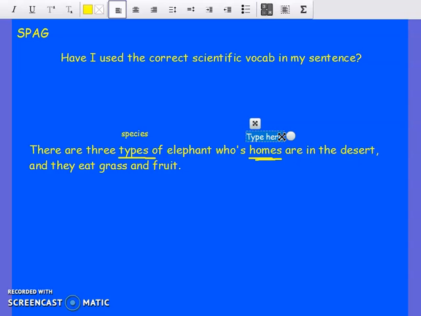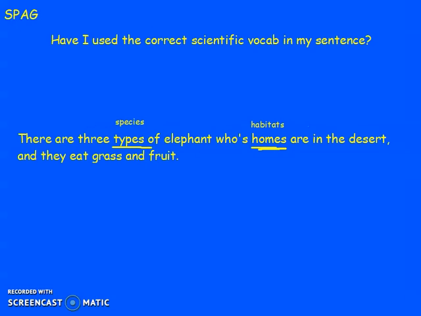So I should have written habitat, or their habitats, or their environment. Did you spot any other ones I could have changed? We could have changed this maybe. They eat producers such as grass and fruit.